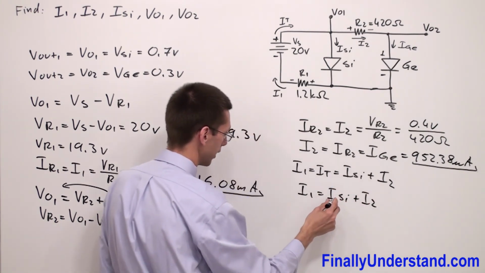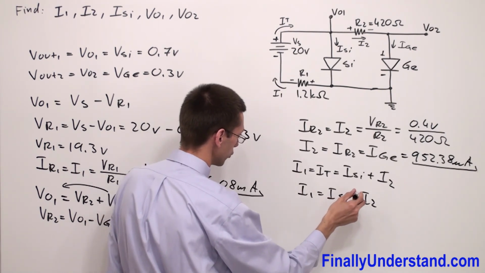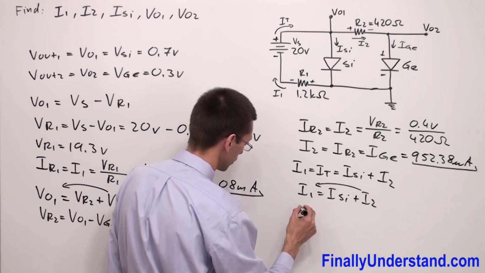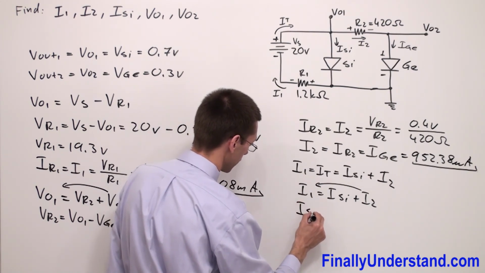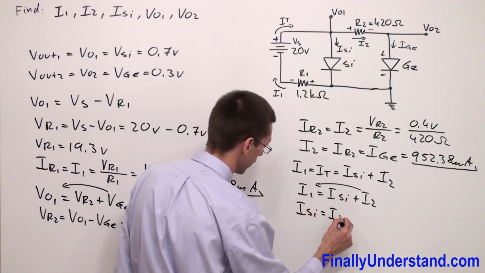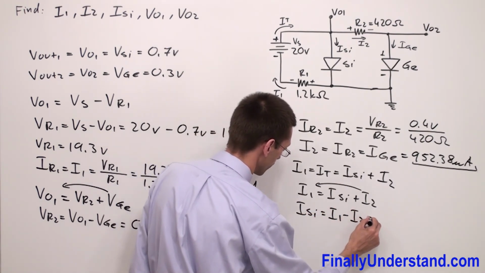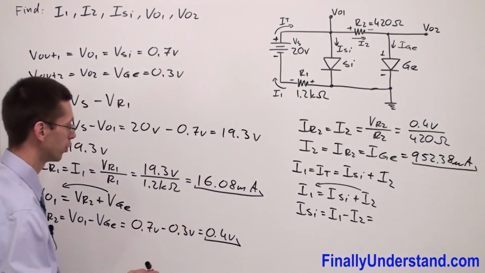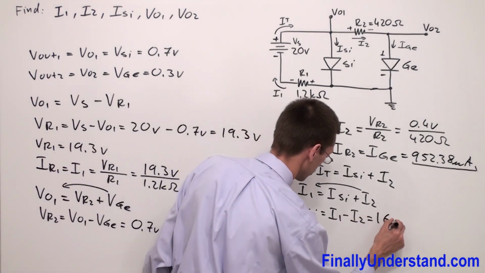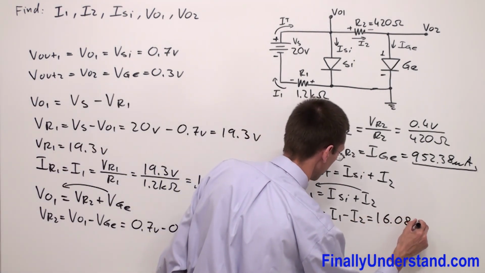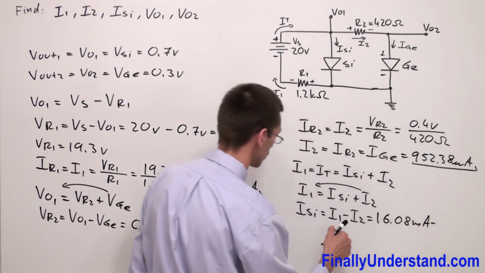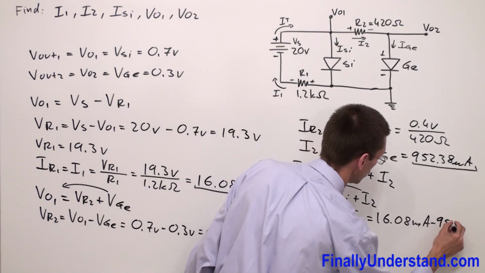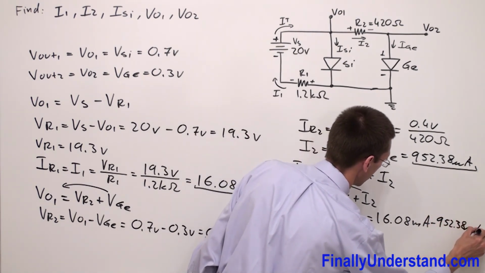In order to find ISI, I'm supposed to move I2 to the other side of my equation, and I'm going to have ISI is equal to I1 minus I2, where I1 we found is equal to 16.08 milliamps minus I2, which is equal to 952.38 microamps.